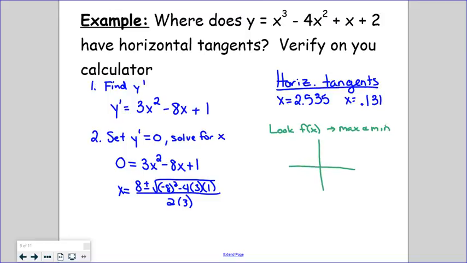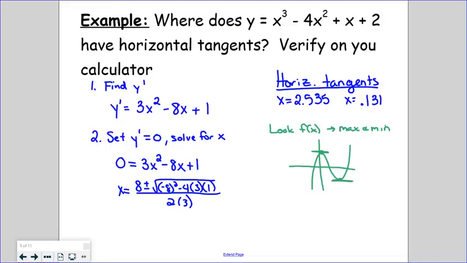So if I were to graph this x cubed, it's going to look something like this. And we would have a max happening at 0.131. We would have a minimum happening here. So I could use my max and min functions on my calculator to verify that I found the right locations.